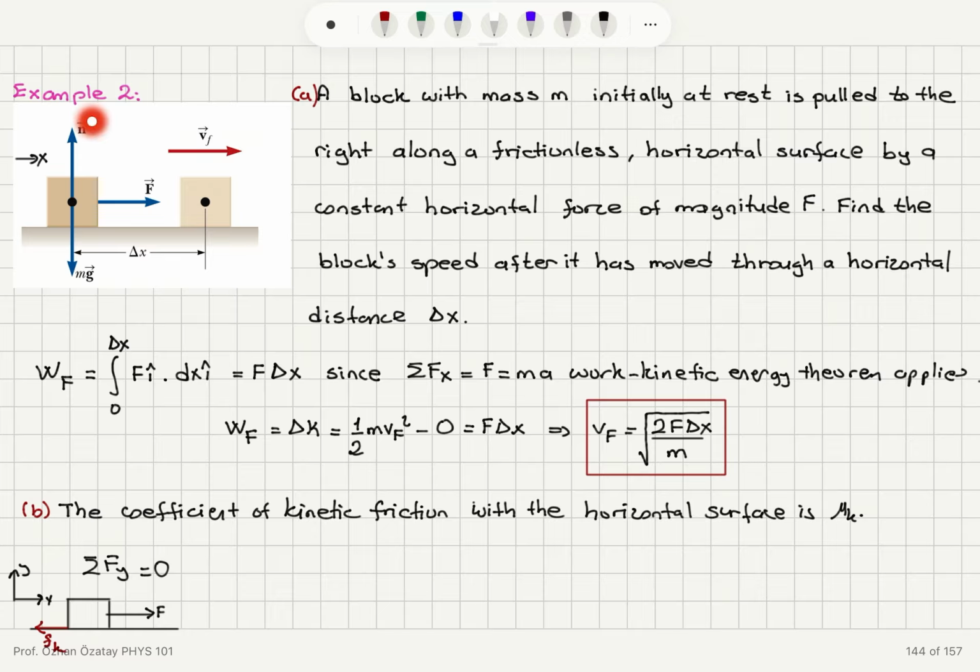As you can see from this diagram, we have the normal force and the weight acting on the y-axis. So normal force N minus mg must be equal to 0 because there is no motion on the y-axis. The normal force must be equal to mg. Then the kinetic friction must be equal to the coefficient of kinetic friction times the normal force, which is mu k mg, which is opposing the motion.